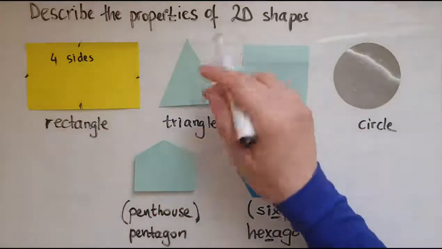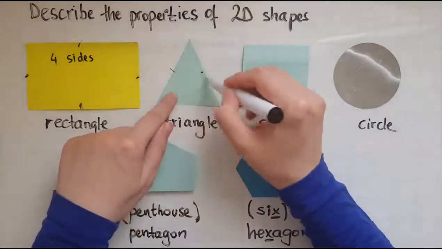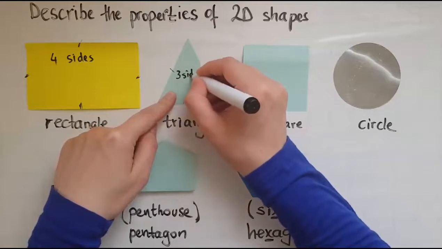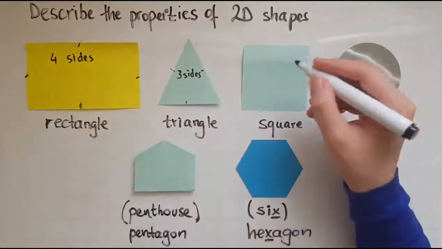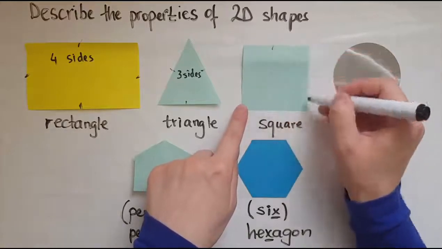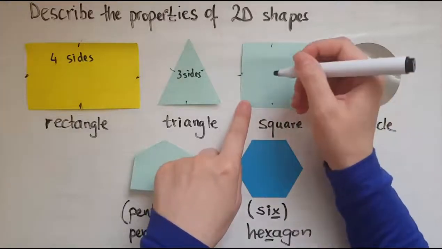How many sides does a triangle have? It has 1, 2 and 3. So 3 sides. And the square has 1, 2, 3 and 4.